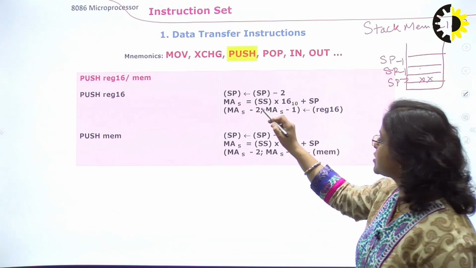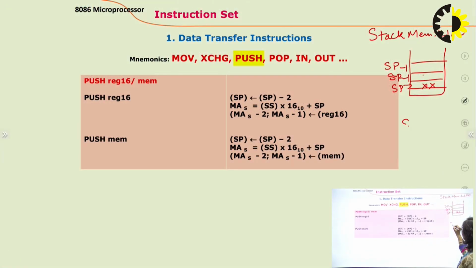So the physical address will be calculated by stack segment into 10 plus stack pointer. It will give the physical address. The content of register will be copied to 2 locations at this physical address. That is, first of all lower byte, then higher byte.